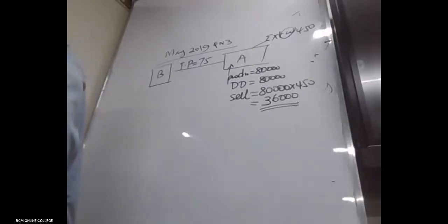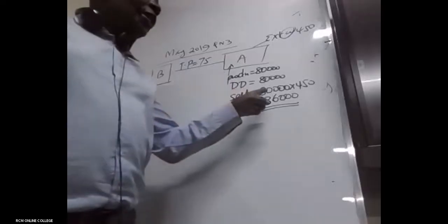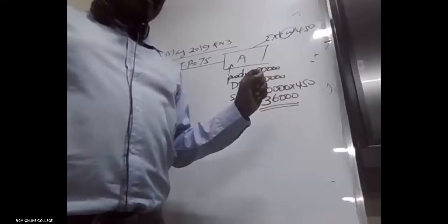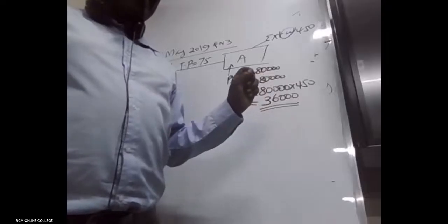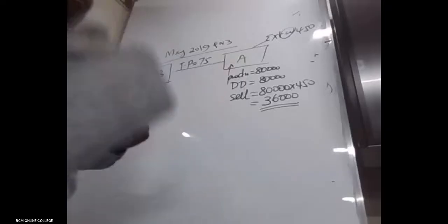In terms of thousands, isn't it? Whatever answer you get, you take 80,000 times 450. Whatever answer you get, you divide by 1,000, isn't it? 36,000, isn't it? Thank you so much.